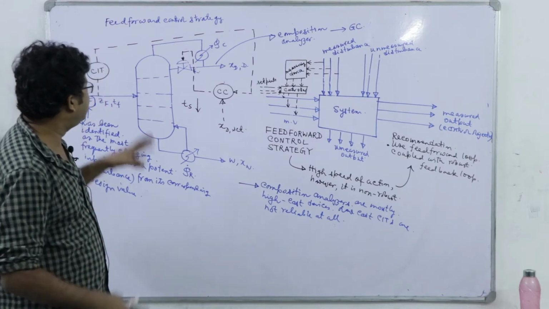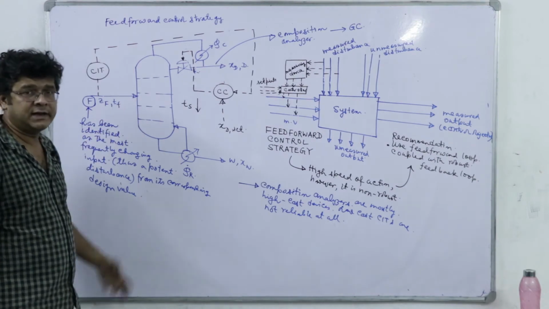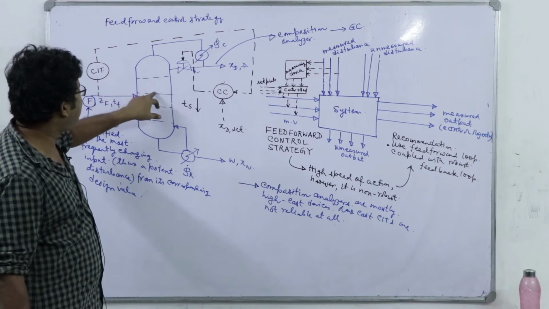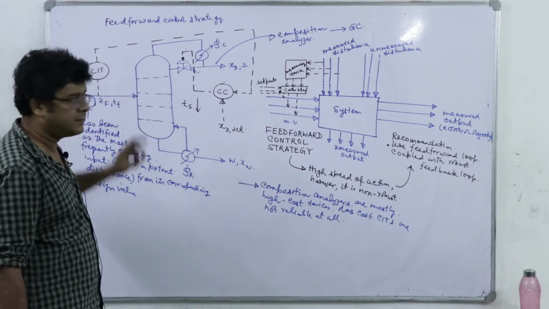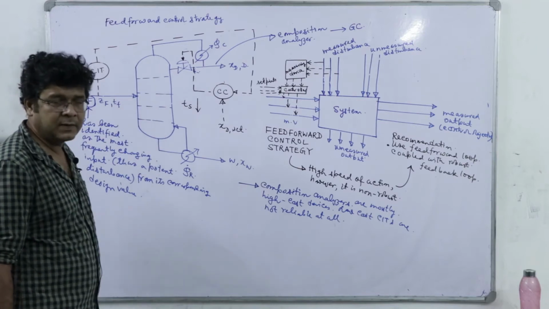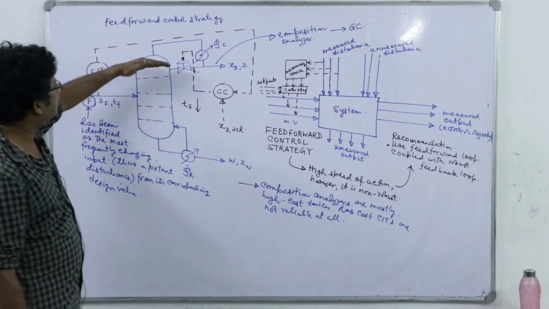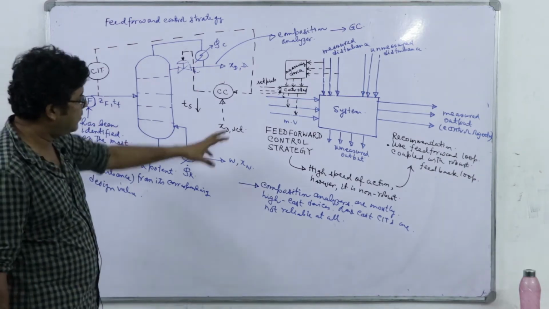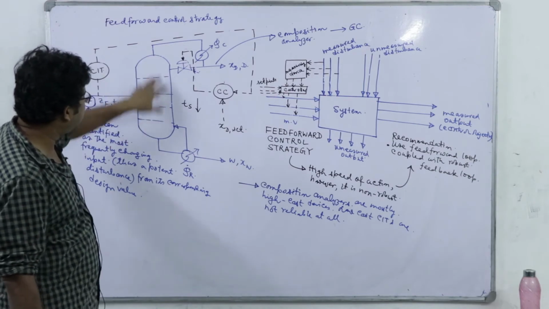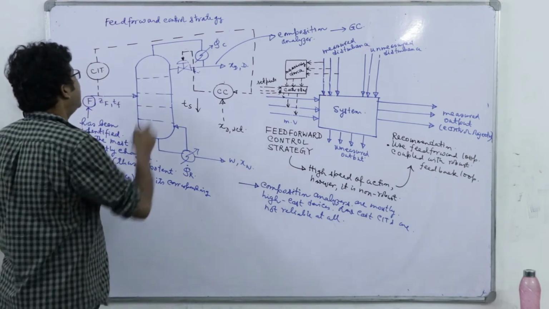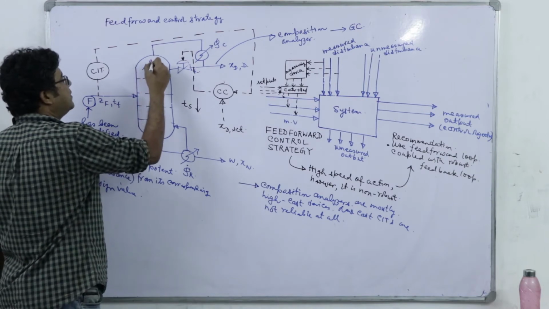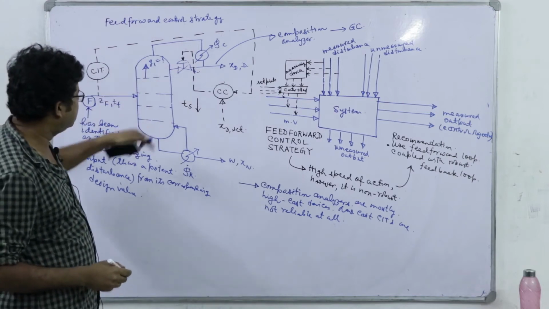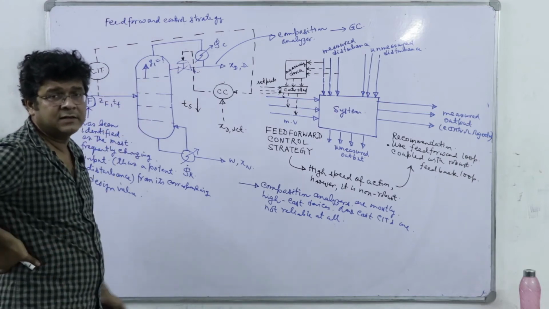We have to think alternatively in terms of a mathematical model. So what is that? If I measure the temperature of each individual tray and if I know the vapor liquid equilibrium relation, next I will go on solving the MESH equations which I discussed in mass transfer. We will solve these MESH equations and try to predict what this Y1 will be, upon measuring the temperature profile in that column.